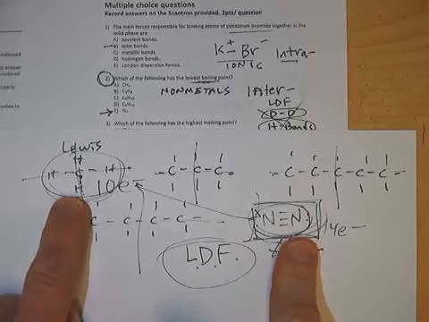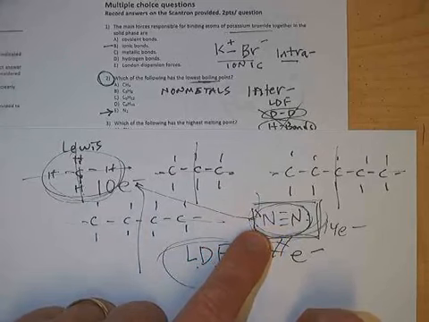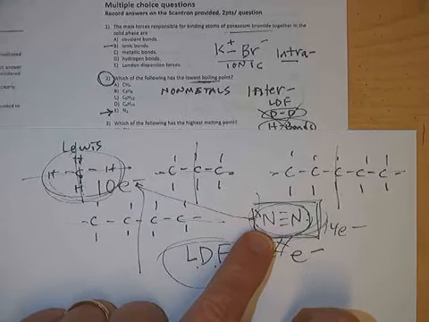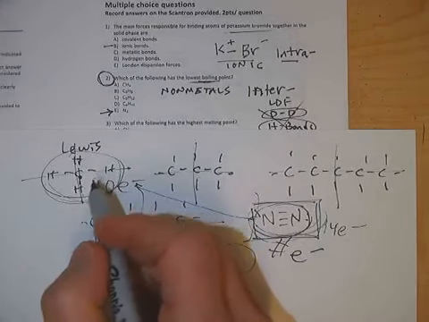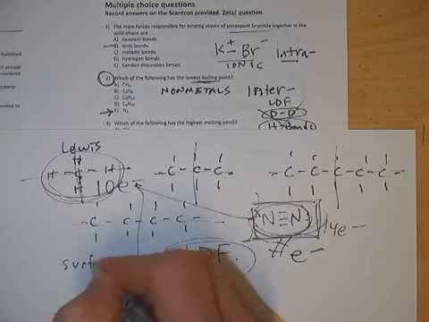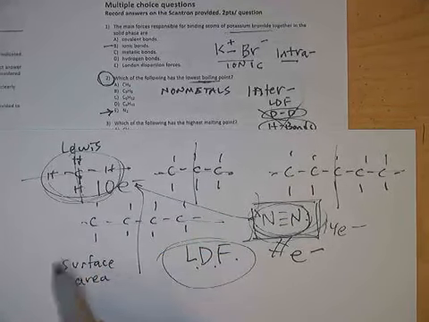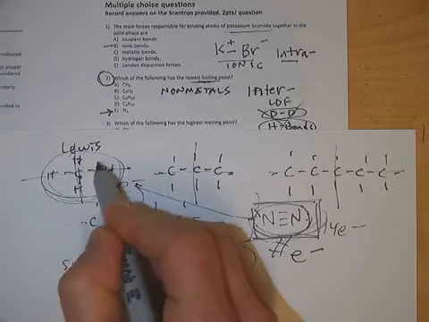This actually is a super tough question because you can narrow it down to these two, but the reason that you know that this one would have a little bit lower boiling point, it actually separates like the 4s and the 5s on an AP exam, and the difference comes down to what's called surface area.